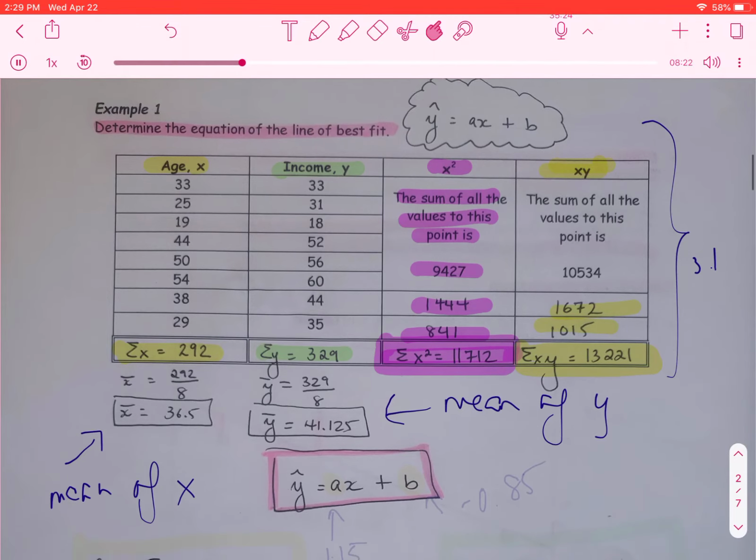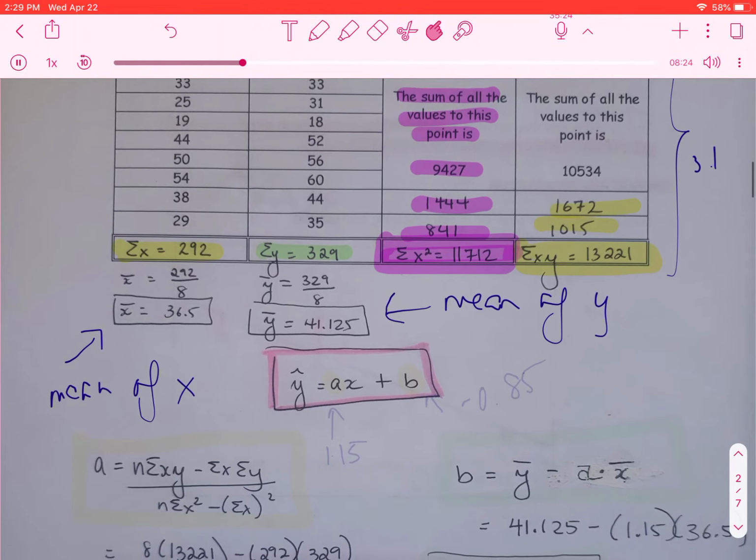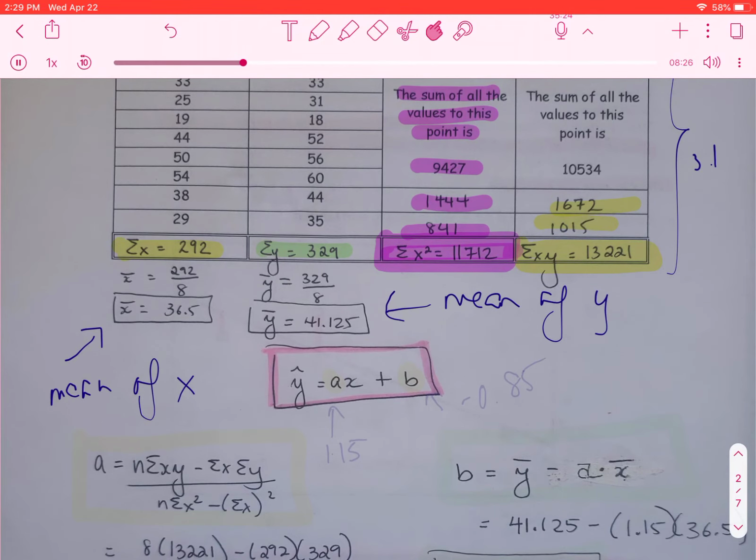So to find the equation of the line of best fit for our residuals, we need to do a little bit of calculations here. We need to first find out what A is, and we need to find out what B is. We're going to leave y hat in there, and we will leave x in there, similar to y equals mx plus b, where we would leave y and we would leave x.